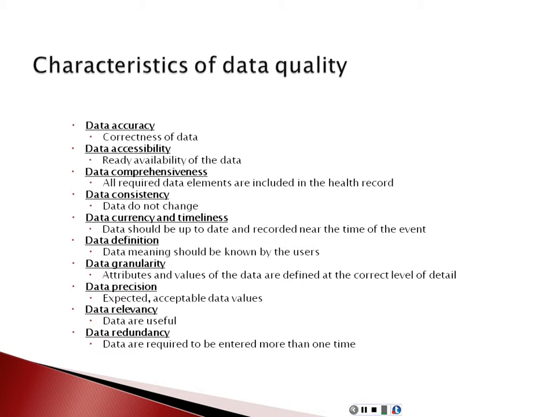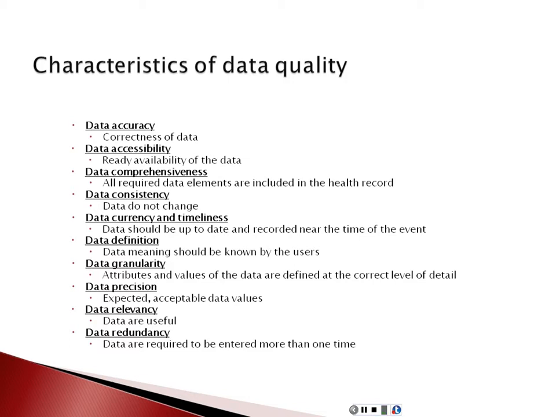Data precision refers to acceptable data values. A good example here: if you were coding, and y'all started on that journey already, you're not way far into it, but you do know that if you're coding ICD-9, there are certain characteristics that it has to be. 3 digits, or 3 digits and then a decimal place, and the majority of codes have 2 more digits, so they have 4th and 5th digits.